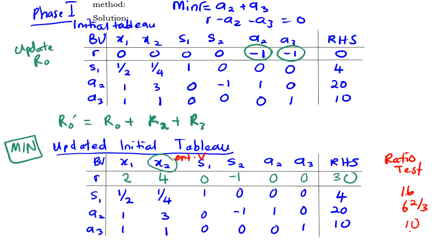So the smallest non-negative ratio is here. Therefore, x2 will replace a2 in the next tableau. So 3 is the pivot element. So we proceed to the next tableau, tableau 1.